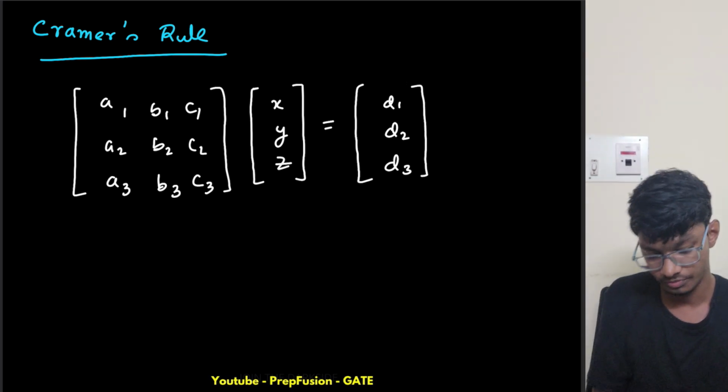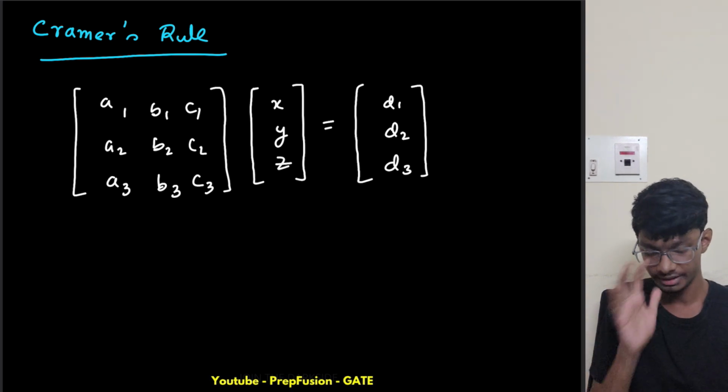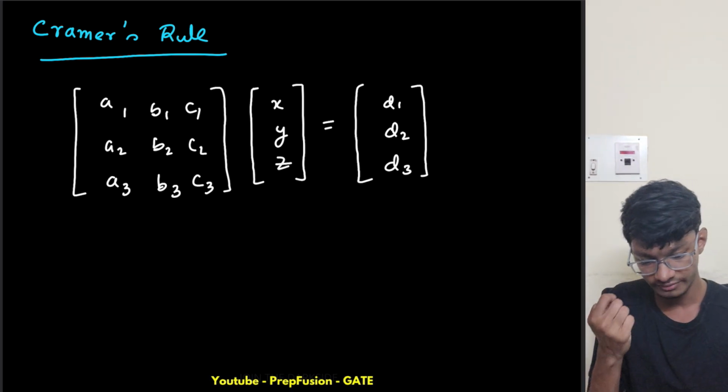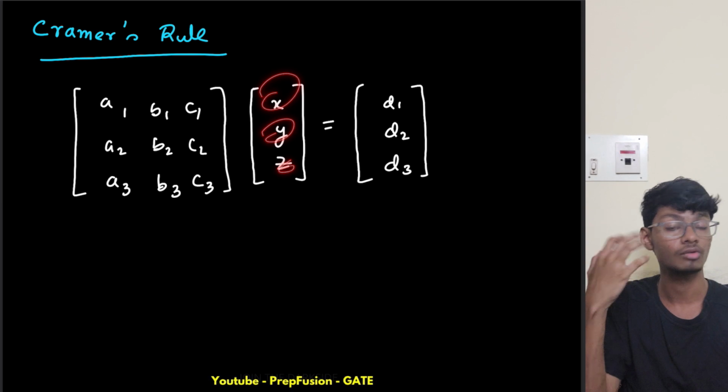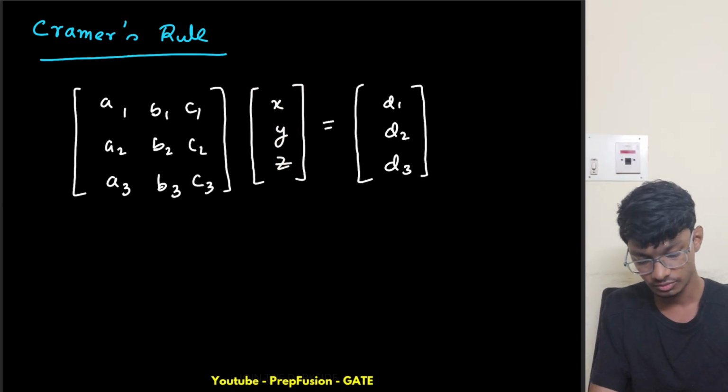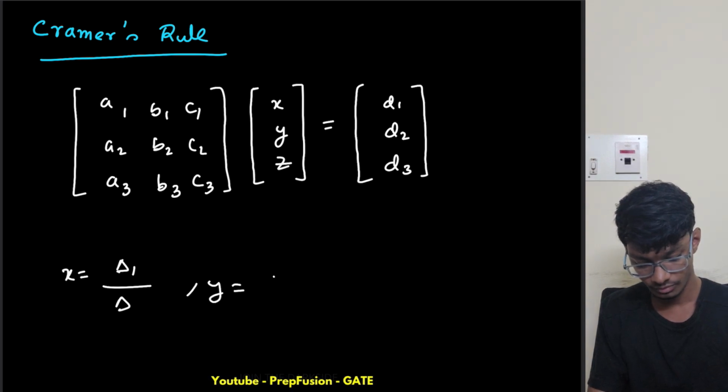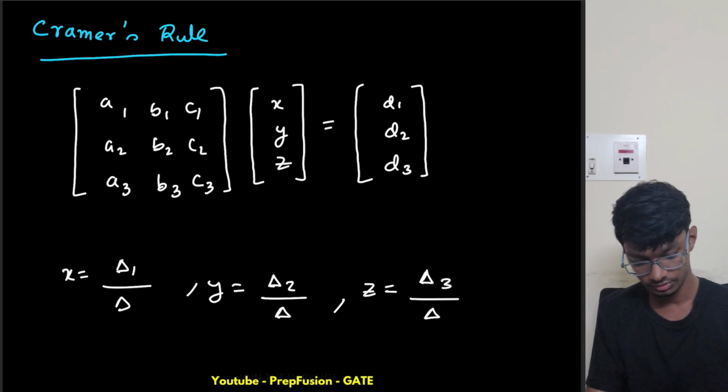So I have this matrix equation, and I have to find the values of X, Y, and Z. How did we used to do it? If you remember correctly, X equals delta 1 by delta, Y equals delta 2 by delta, and Z equals delta 3 by delta.